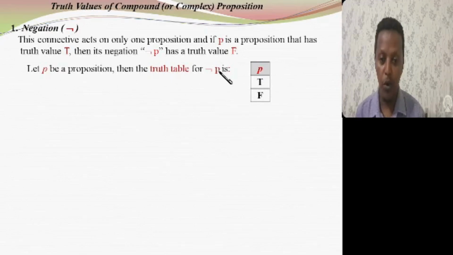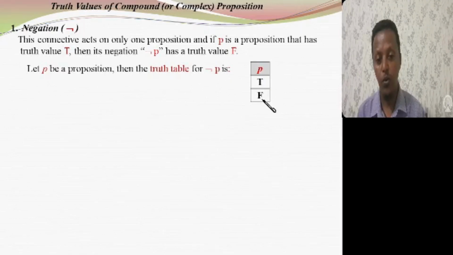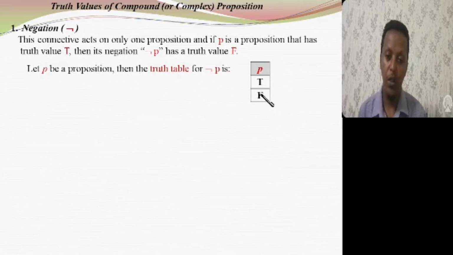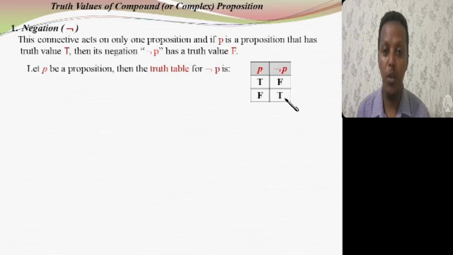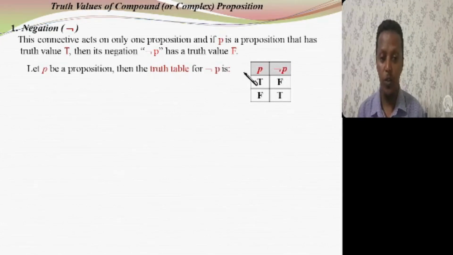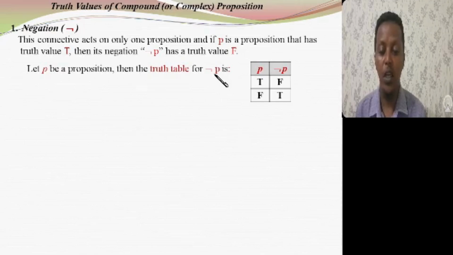False. So for a single proposition, you have 2 options. It can be true or it can be what? False. So when P is true, the negation will be what? False. When P is false, the negation will be true. So this is a table that shows the logical possibilities for negation P.